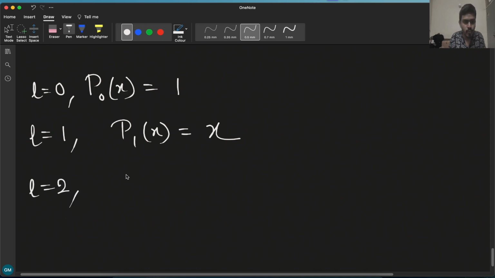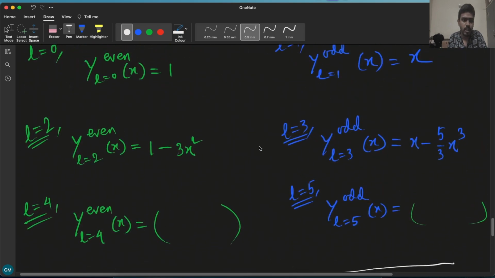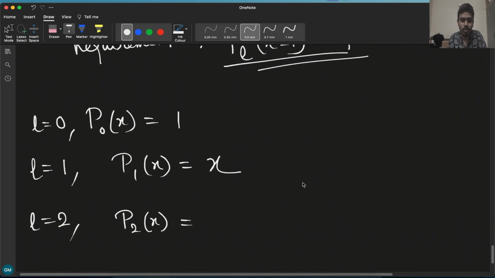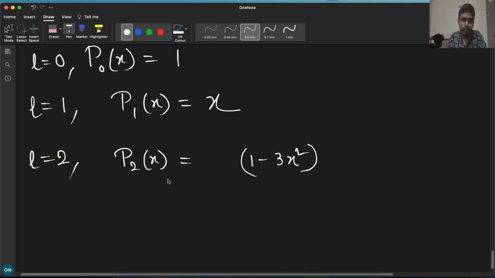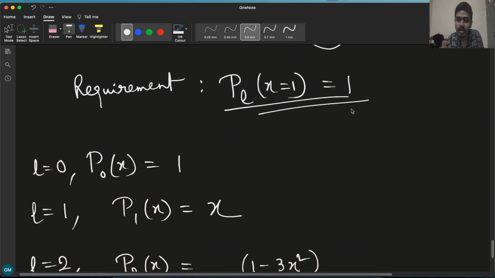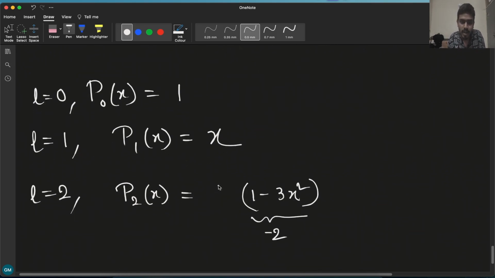For L equals 2, this P2(x) is basically this even series, that is 1 minus 3x square. Now if you put x equals 1, you can see this value is minus 2. So it is not satisfying this requirement, and in order to satisfy it, we need to multiply it with some normalization factor.